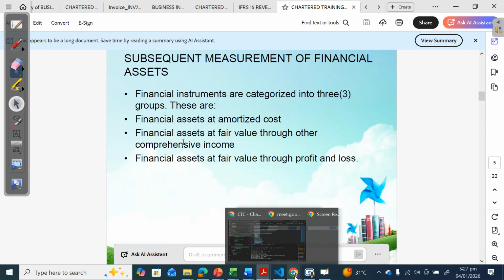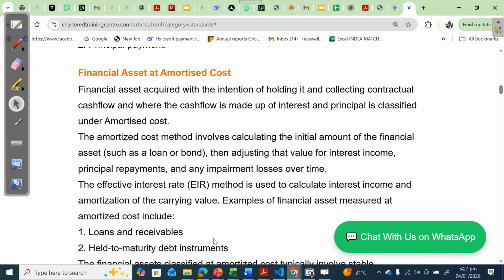So let's start with financial assets at amortized cost. These are financial assets acquired with the intention of holding them and collecting contractual cash flow, where the cash flow is made up of interest and principal.